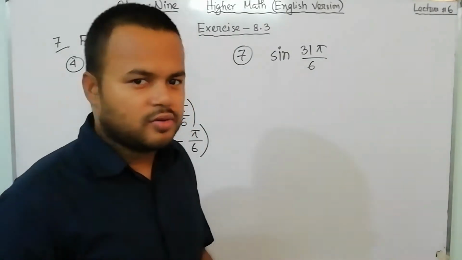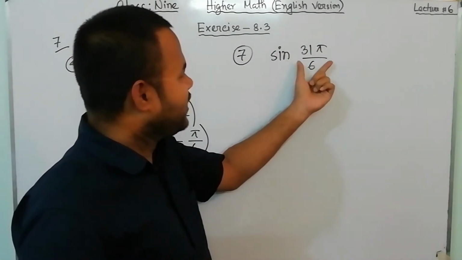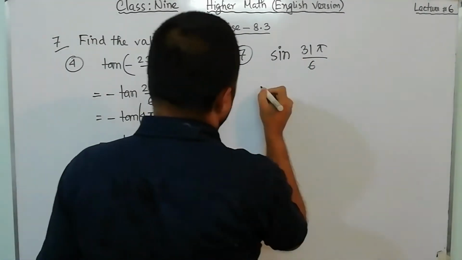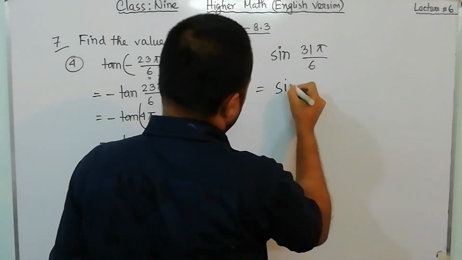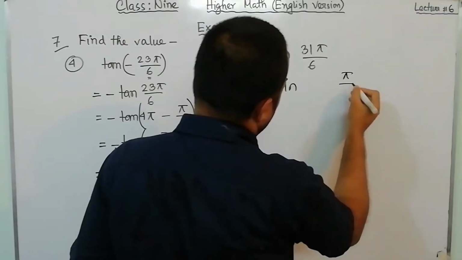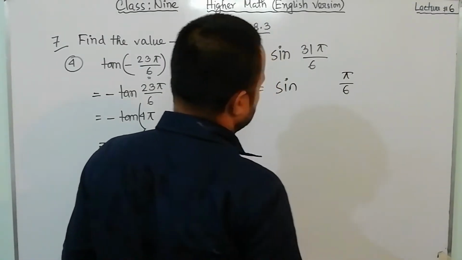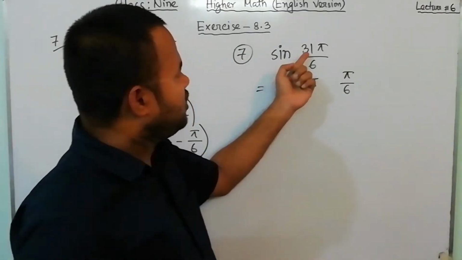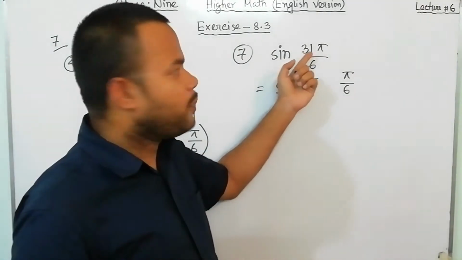Same case here, we have to convert this angle into two parts. If we convert this angle, here sine pi by 6. So here if we put pi here, then we need 31 pi.